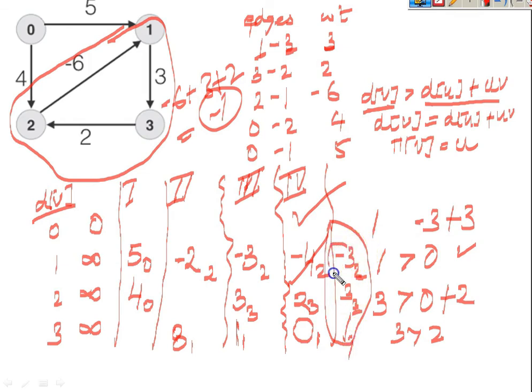So this tells you the cost, and this tells you the vertex, the parent from where you are reaching this. So I hope you have understood the Bellman-Ford algorithm and how to apply it to find the single source shortest path in a graph which has negative weights, and also how we can find the presence of negative cycles.